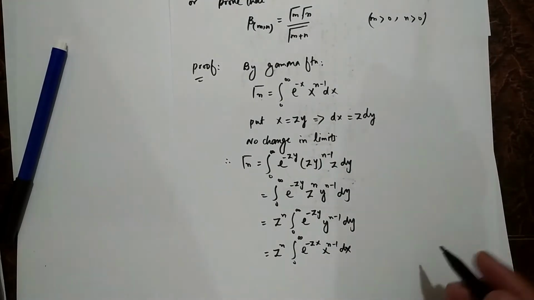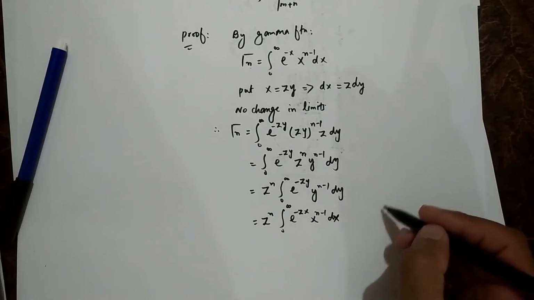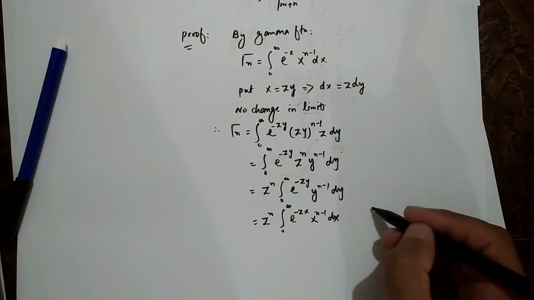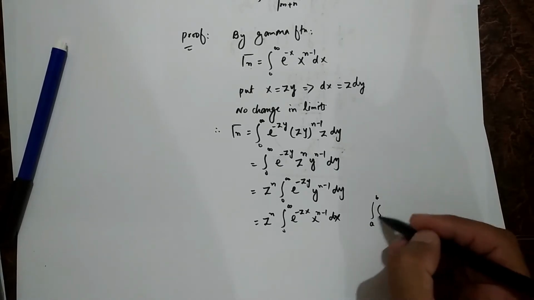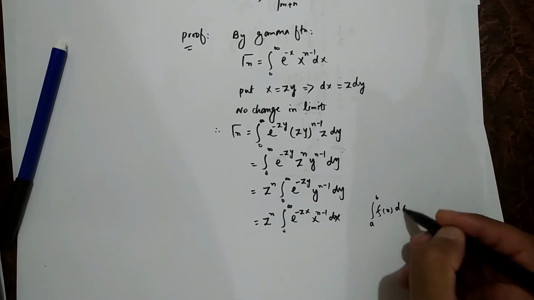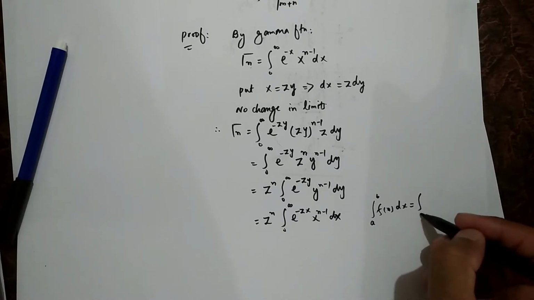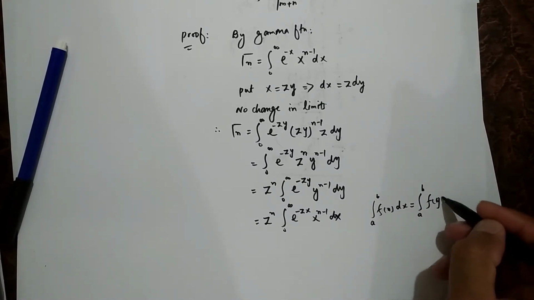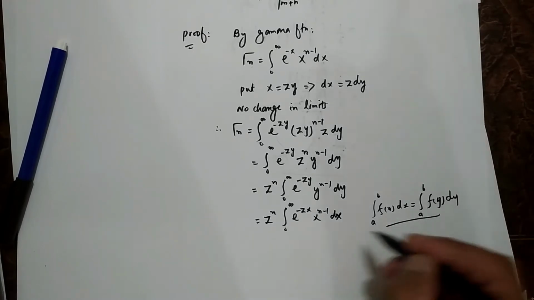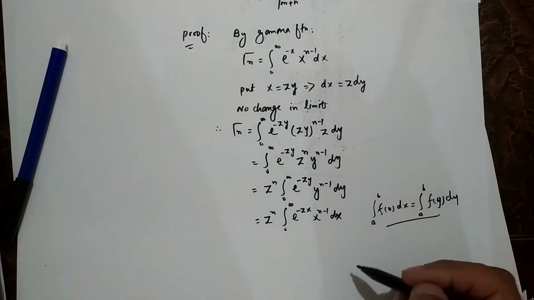By the property of definite integral, we know that integral from a to b f of x dx can also be written as integral from a to b f of y dy. So I have made use of this property.